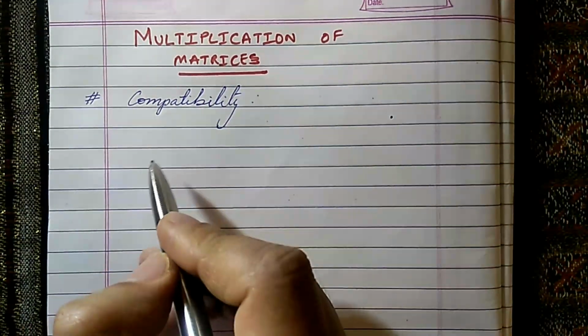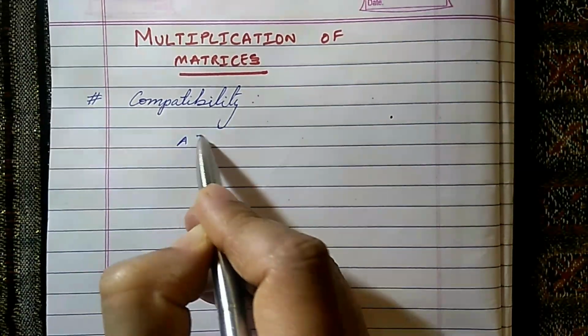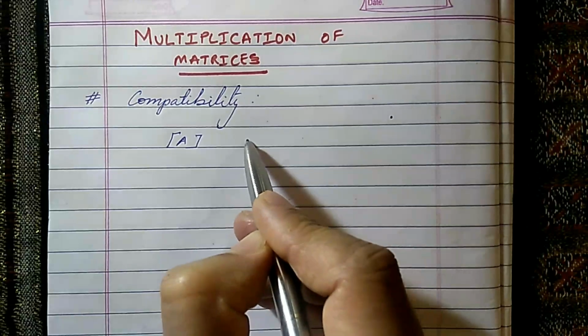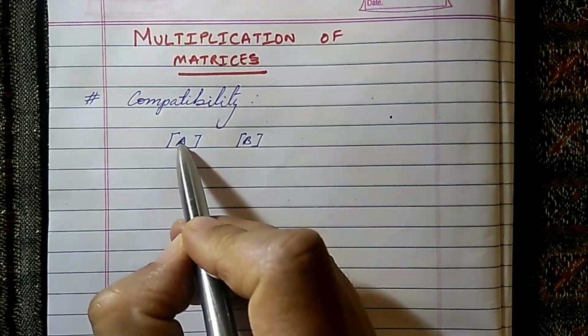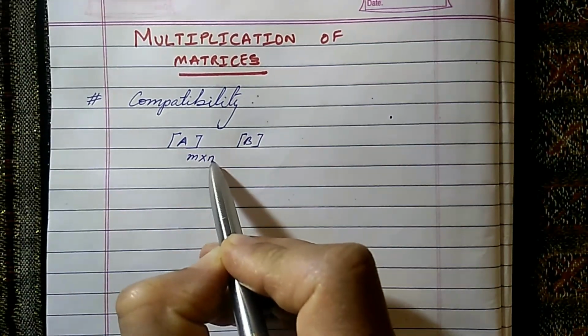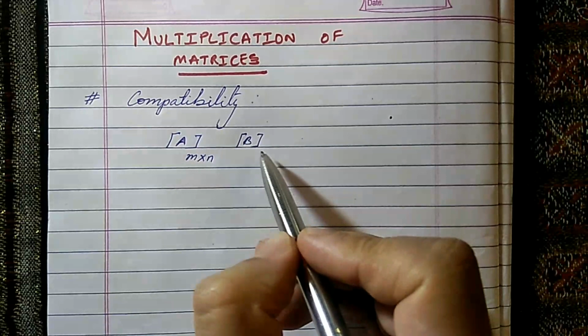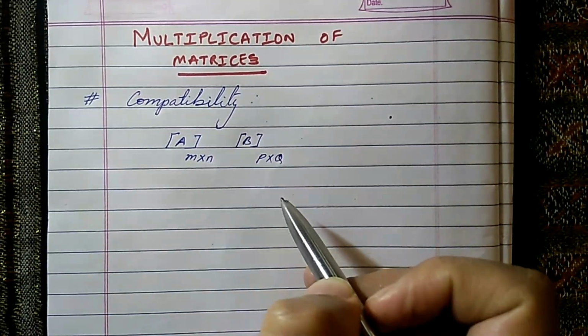Let's consider two matrices A and B such that the order of A is m by n and that of B is p by q.